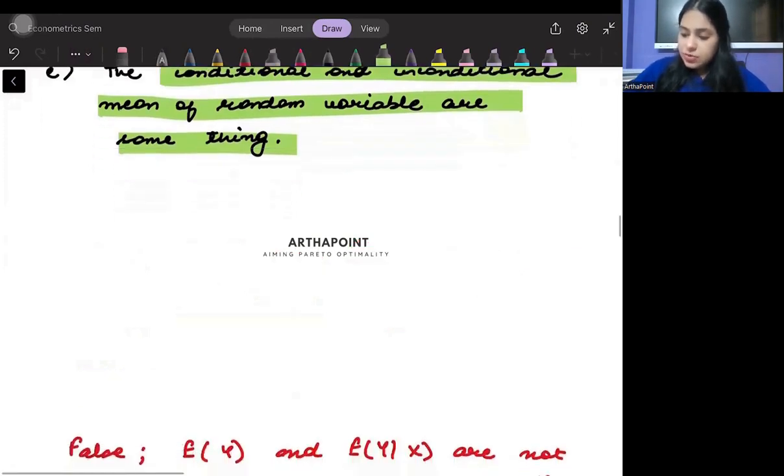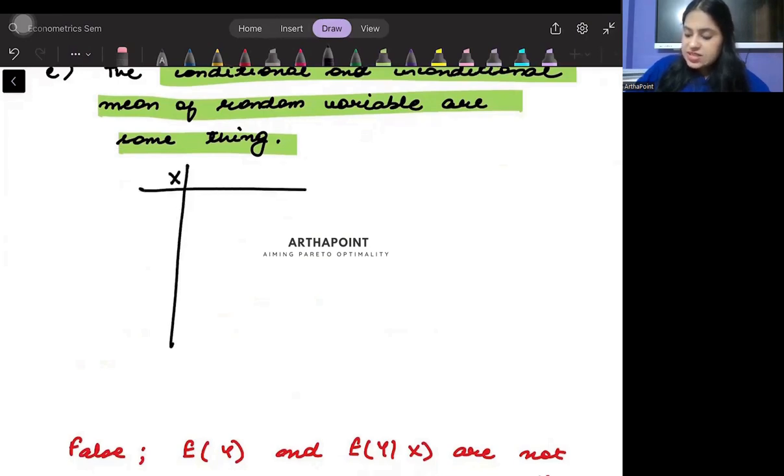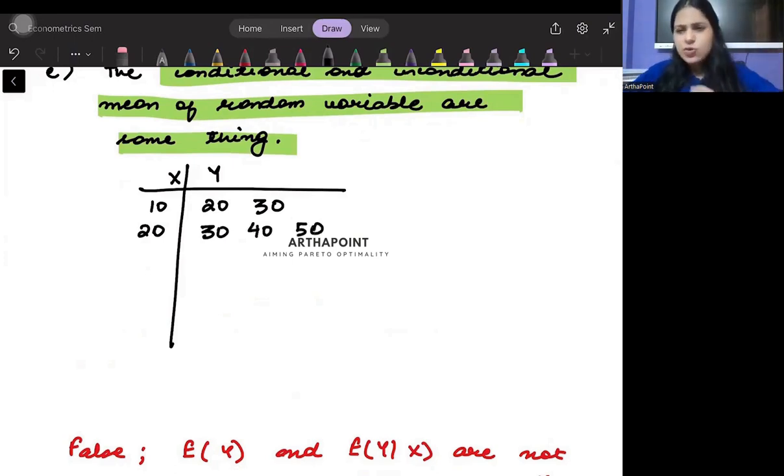So for example, let's say when x is 10, y is 20 and 30. When x is 20, y is 30, 40, 50. We'll take just this much, I don't want to create a very large data set to prove the point.